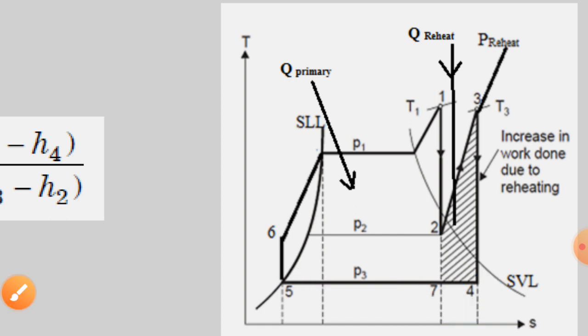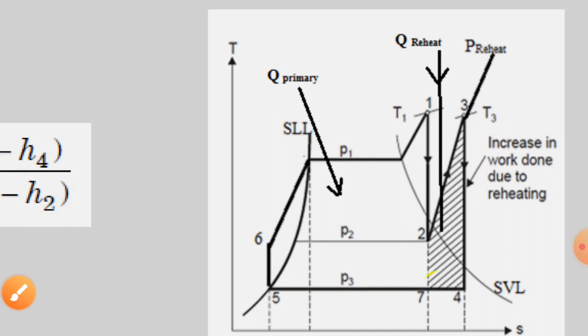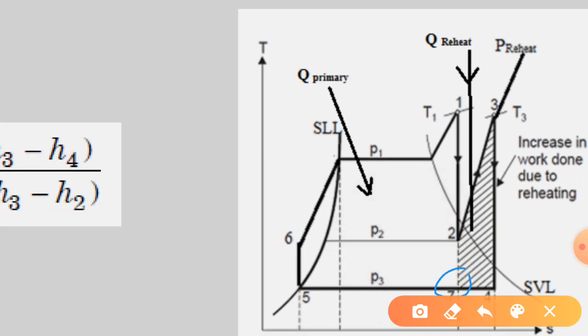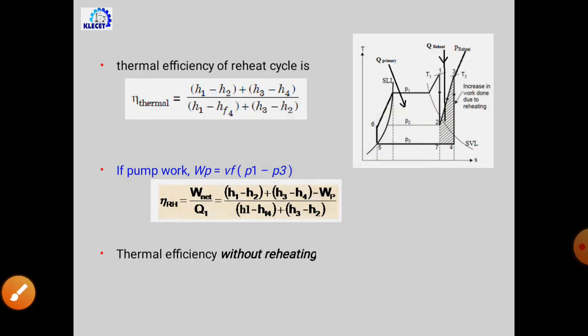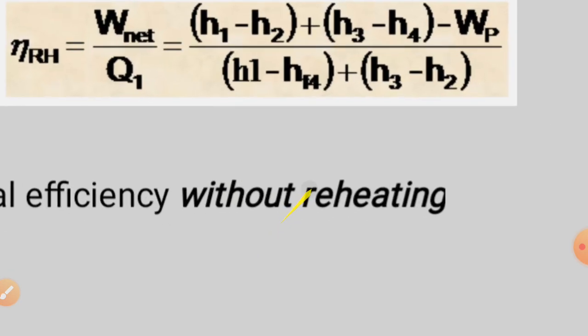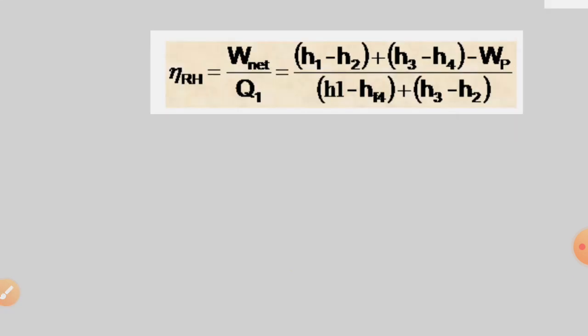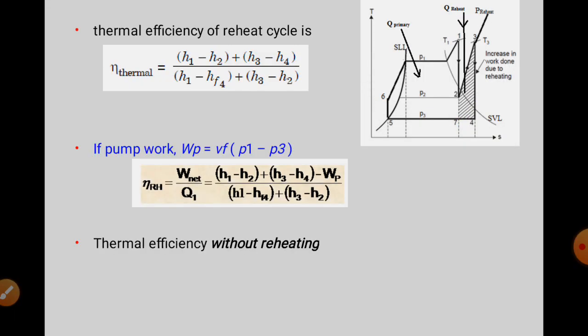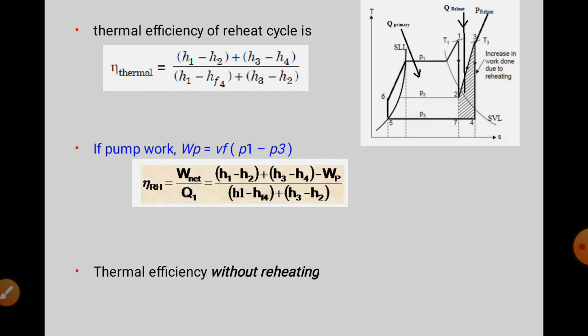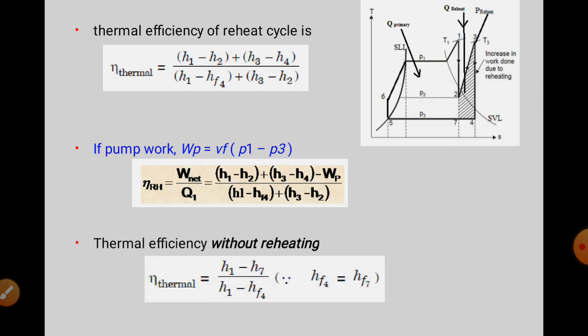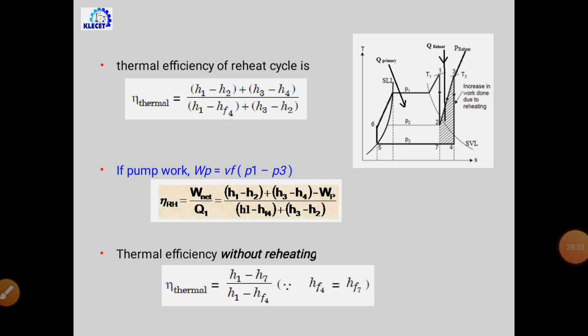So I can replace this H7 by HF4. So the final formula for thermal efficiency without reheating is H1 minus H7. Students, hope you have understood this small derivation.